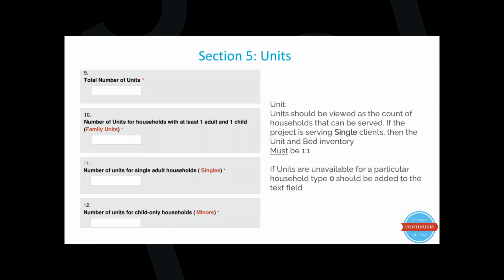If we have 10 units, then the count for beds has to be double that. It has to at least be 20 beds or higher if you're serving more than 2 clients in a particular household. So again, households cannot be 1-to-1. You cannot have 10 units for families and 10 beds for families. The beds have to be double the unit count at least.